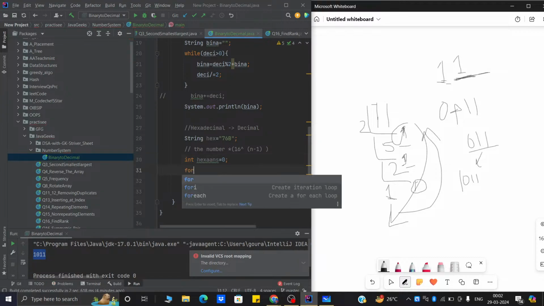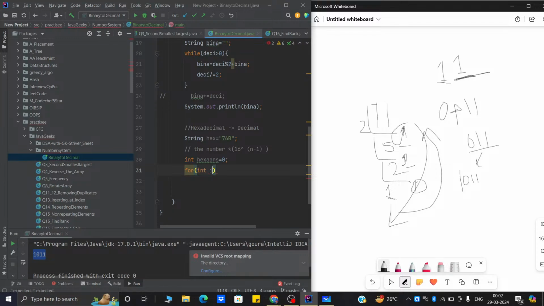So for int i equals to 0, i less than, as it is a string, we can easily do it as hex dot length, i plus plus. Now what will happen at that, you have to take a as 10, b as 11. How can you do that in a single string? i equals to hexa dot length minus 1. Reverse the string.